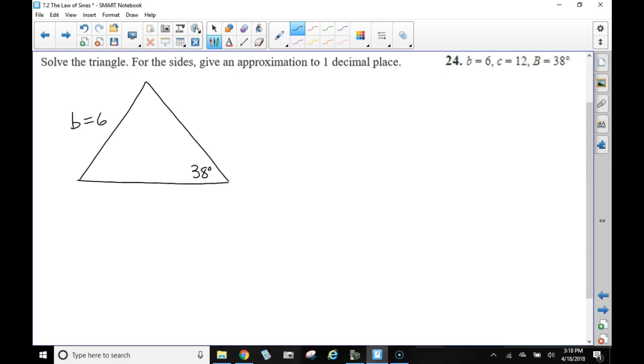Side C is 12. Let me say that this is side C, which is 12. What's important is opposite of that would be angle C, and then we need to fill in the rest. So down here would be angle A, and over here, side A. So that's what needs to go in our answer box. We have angle C, we have angle A, and we have side A.